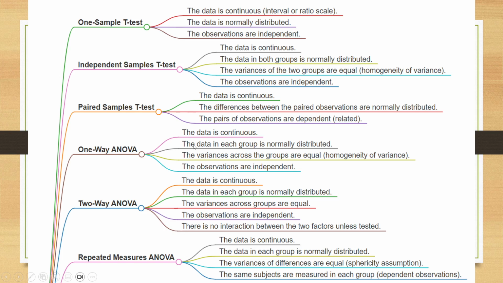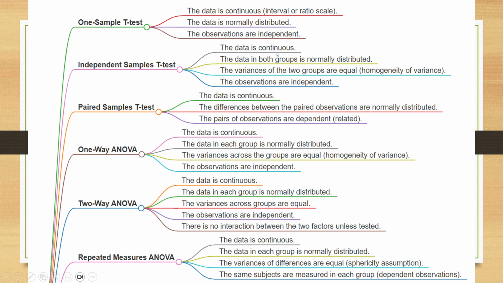So now, one simple thing: our data should be continuous, that is interval ratio, with data normally distributed and observations independent. This one we will see finally. Now let us continue. More or less all our data should be normally distributed.